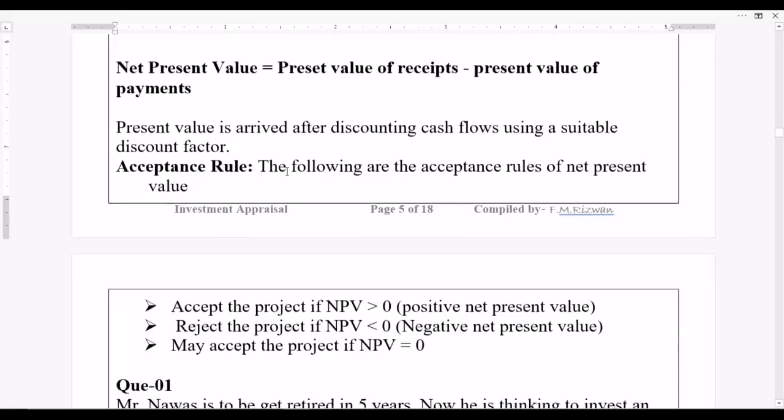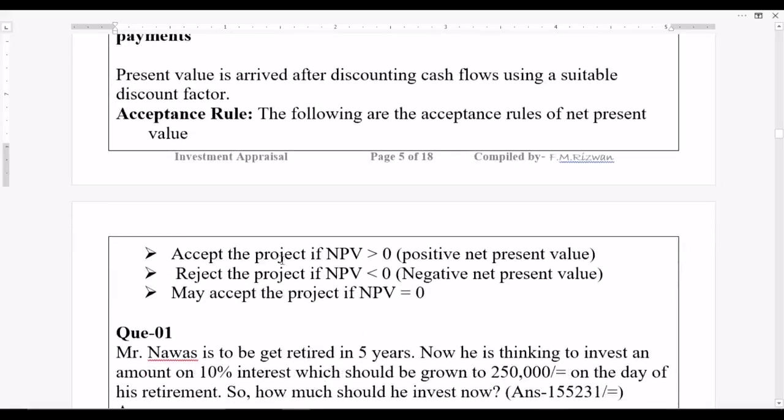Acceptance rule. The following are the acceptance rules of net present value. Accept the project if net present value is greater than 0. So we can accept a project if net present value is greater than 0, that means positive net present value.